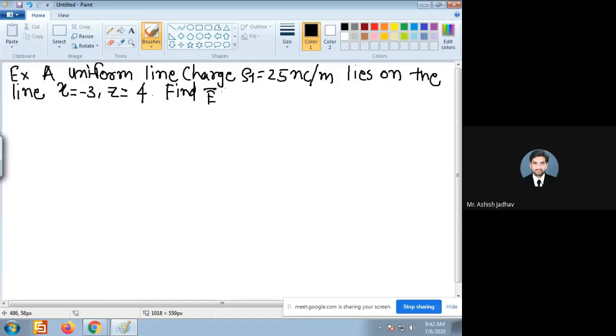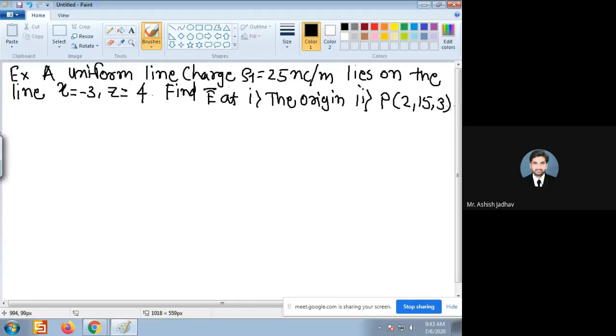So electric field intensity is to be calculated. So find E bar first at the origin, and second you need to find at P, let's say 2, 15, 3.